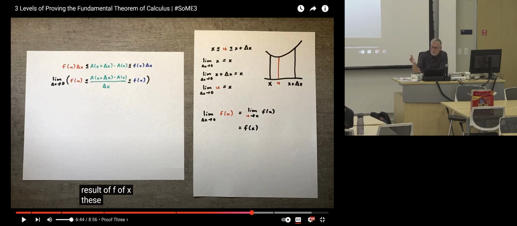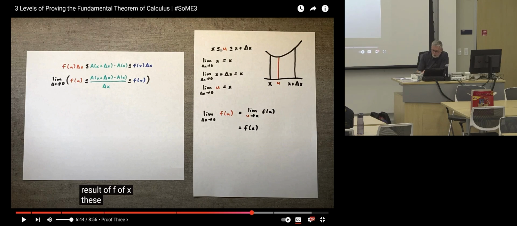So u depends upon delta x. If f is continuous, which is what we're doing here, then we can take the limit inside the function. So f of the limit as delta x goes to 0 of u of delta x is going to give us x. Okay, so u is trapped.